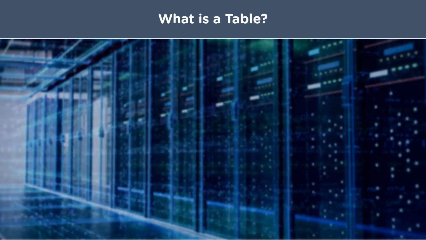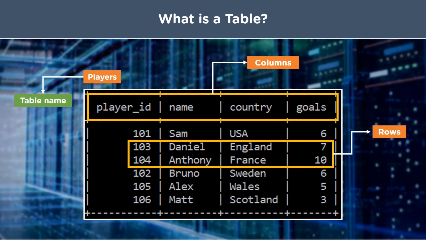With this, let's look at what a table is. So this is how a table in a database looks like. So here you can see the name of the table is players. On the top, you can see the column names. So we have the player ID, the player name, the country to which the player belongs to, and we also have the goals scored by each of the players.